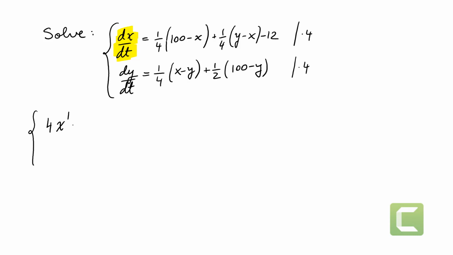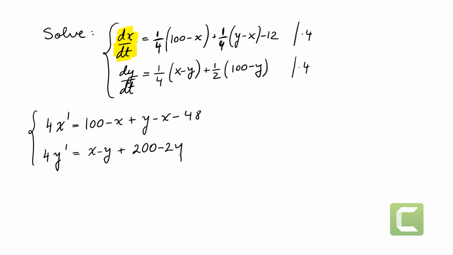So 4 times x prime equals 100 minus x, right? Because 1 over 4 times 4 is 1, plus the same thing here, 1 over 4 times 4 is 1, so y minus x, minus 12 times 4, 48. And for y prime, it's x minus y plus 2 times, because a half times 4 is 2, 2 times 100 minus y, it's 200 minus 2y.